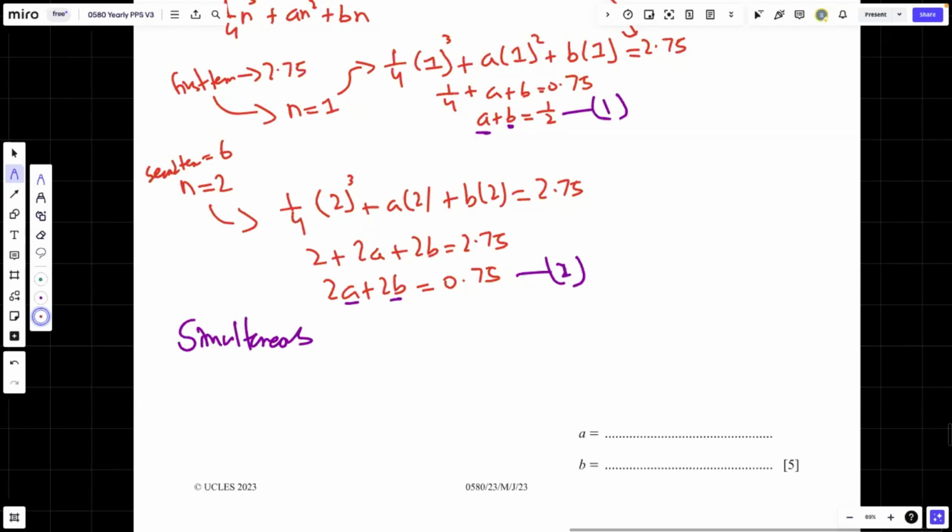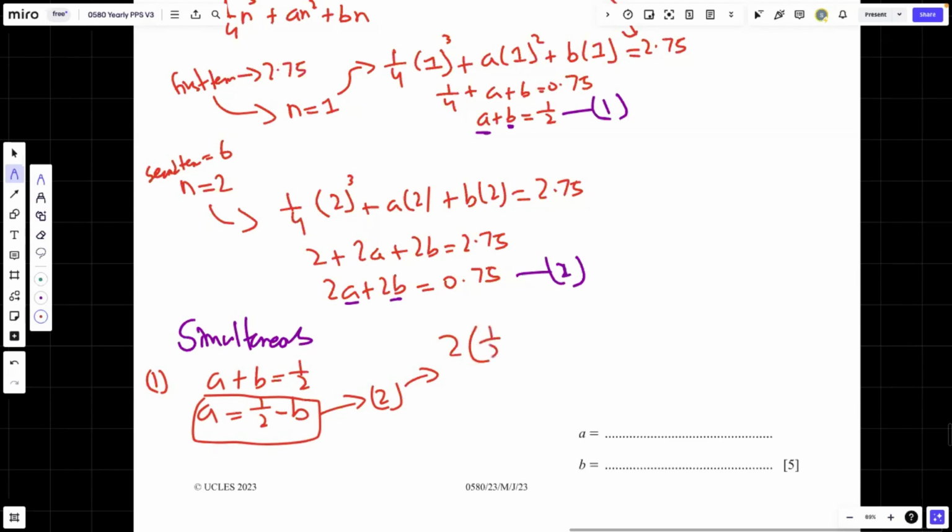I'll work with equation 1 here. So a plus b equals a half. So I'll take the basic substitution as a equals half minus b. That's my substitution. Now I'm going to place that in the second equation. So that's going to be 2 times a, which is 1 over 2 minus b, plus 2b equals 0.75.